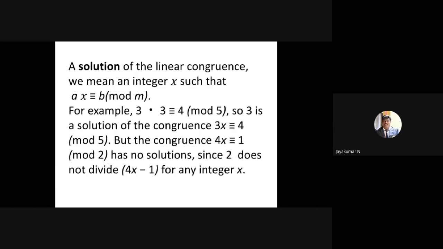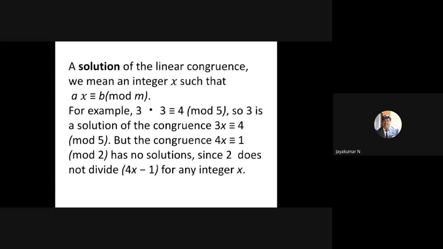One more congruence: look at the congruence 4x congruent to 1 mod 2. It has no solution, since 2 does not divide 4x minus 1 for any integer. Put x equals 0: 4 into 0 minus 1, so 2 does not divide minus 1.